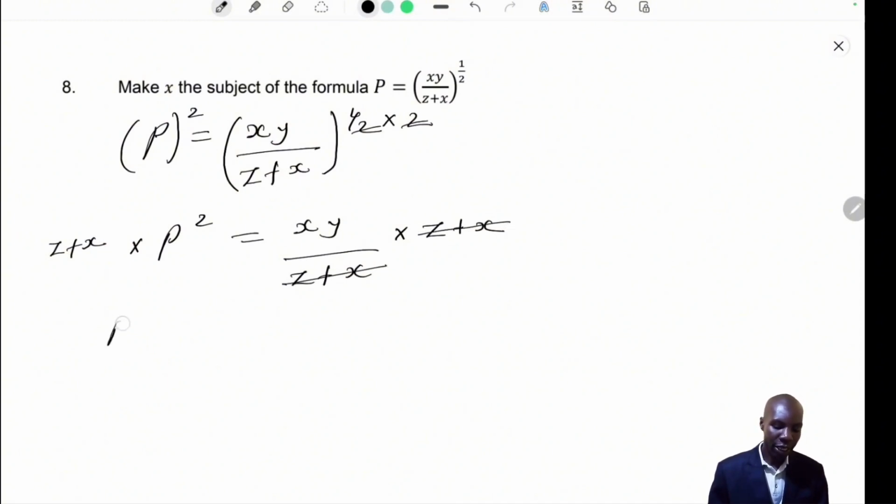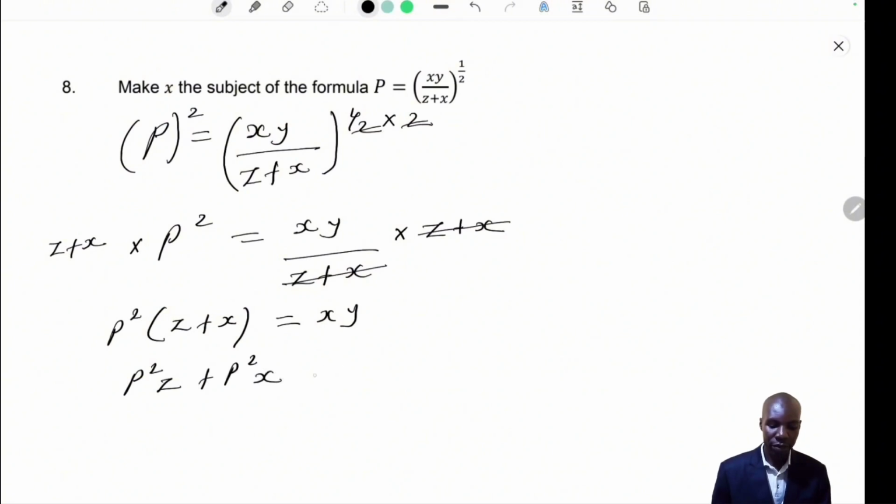On the left-hand side, I'll be left with p squared in bracket z plus x equals xy. So open the bracket on the left-hand side, and you'll have p squared z plus p squared x is equal to xy. Collect the like terms.